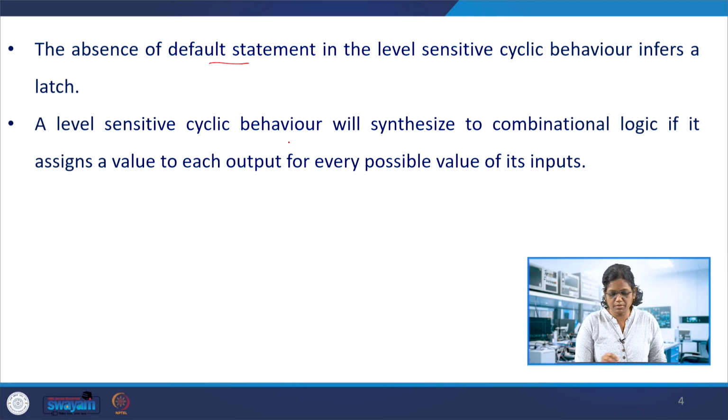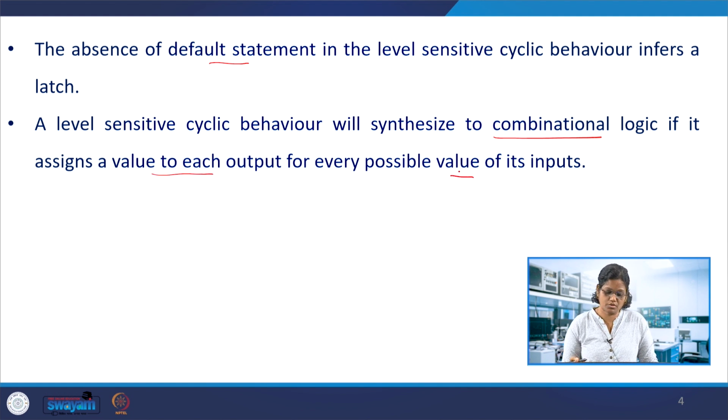The level sensitive behavior will synthesize into combinational logic if it assigns a value to each output for every possible input. So, always @(A or B or C), and that A, B, C should be the inputs. The sensitivity list should contain all the inputs, and for all those inputs, the output should be specified within the always block.